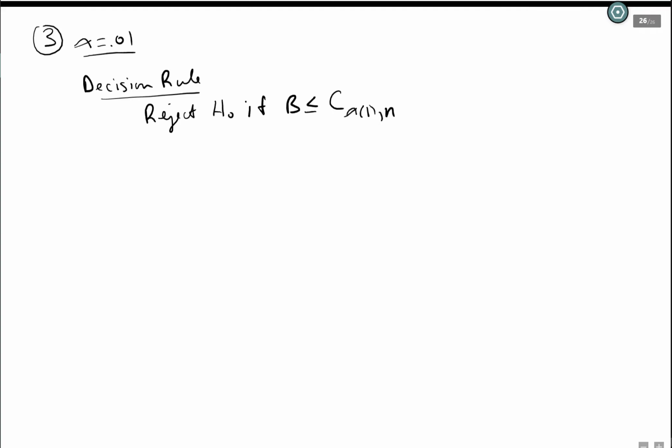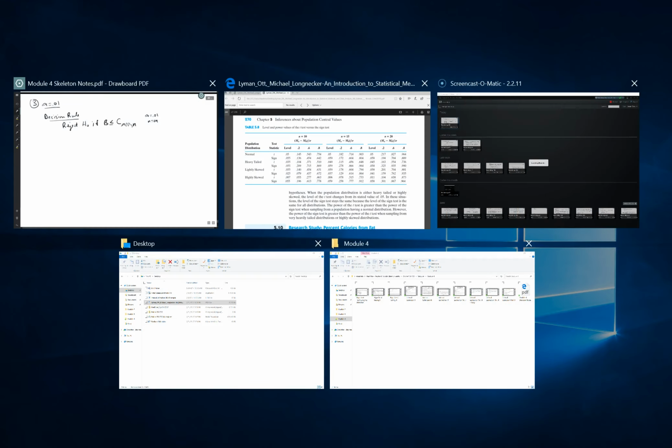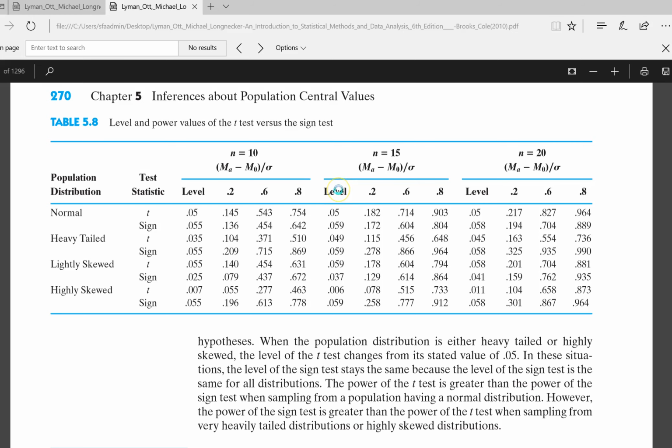And if you look this up in table 4, so let's go to table 4 here. Recall our alpha is 0.01, n is 24, so let's go to table 4 real quick. Table 4 is in the back of the book.